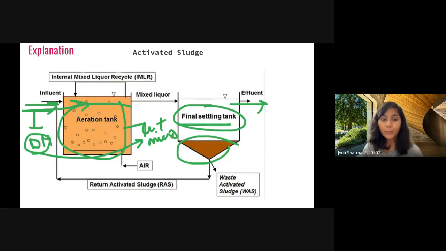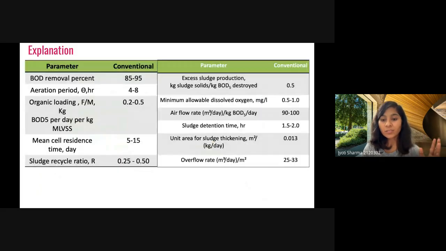Microorganisms are present in some liquid, and wastewater comes into that aeration tank. There is degradation of organic matter in the presence of oxygen, and then a little cleaner water moves further to the next step. So this is all about the activated sludge process.